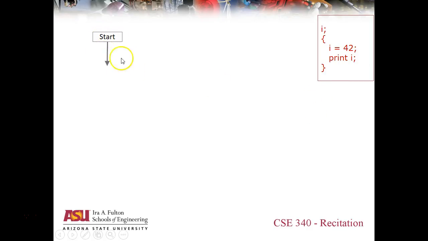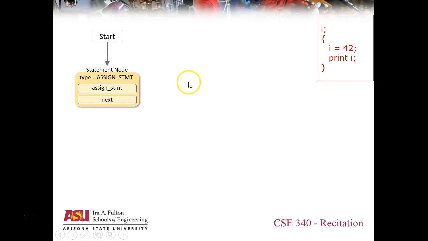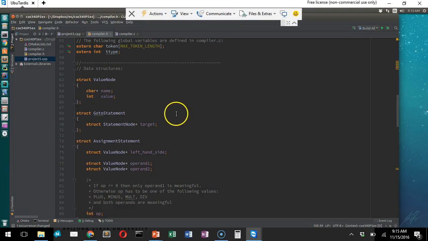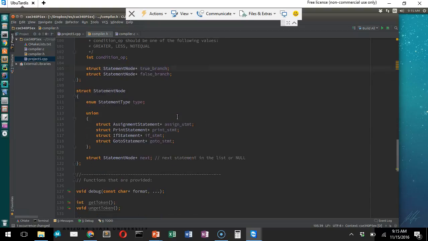So I set up a start, which points to the first structure we're going to start with for this one, which would be an assignment. You have two structures that you worry about. If we look here, the big structure is the statement node.